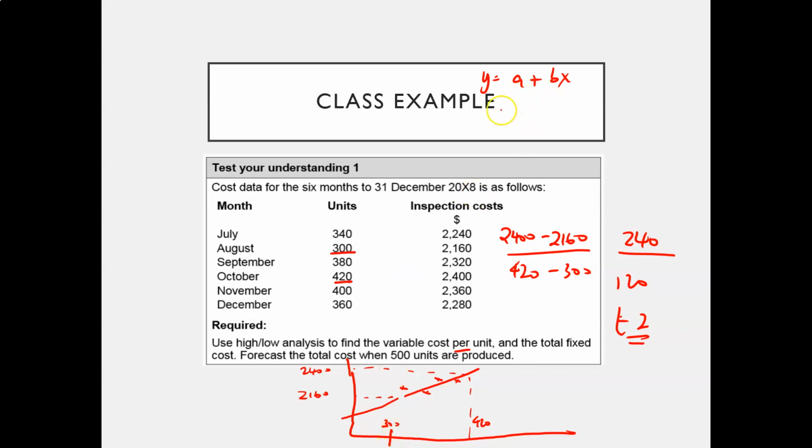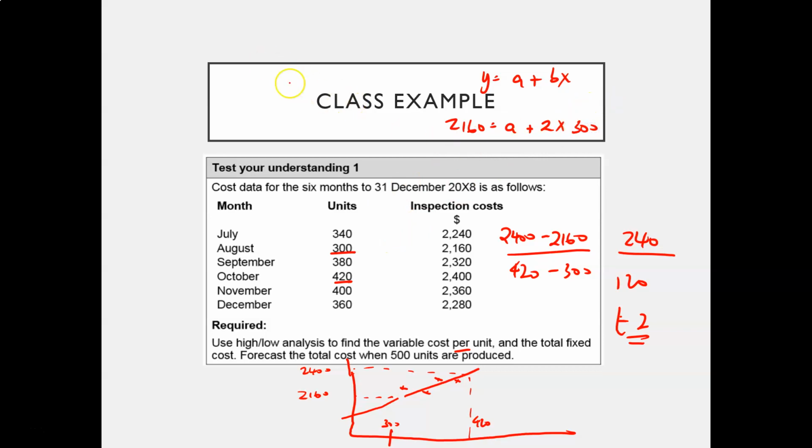What's happening here is that the total cost at 300 is 2,160. So we're saying 2,160 is equal to this fixed cost, which I don't know and am trying to find out, plus variable cost, which is 2 times the number of units, and that's 300.